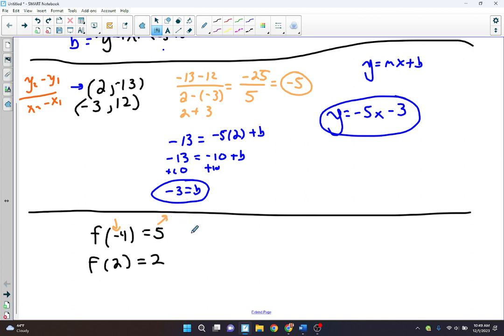So you should rewrite this as (-4, 5) and (2, 2). Find the slope: 5 minus 2 over negative 4 minus 2. That is going to be 3 over negative 6, which is negative 1 over 2.